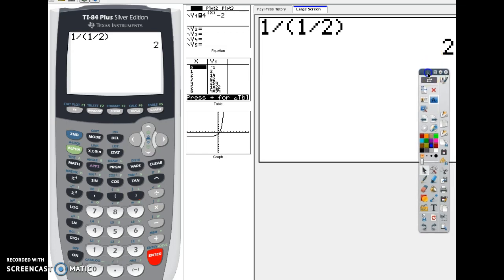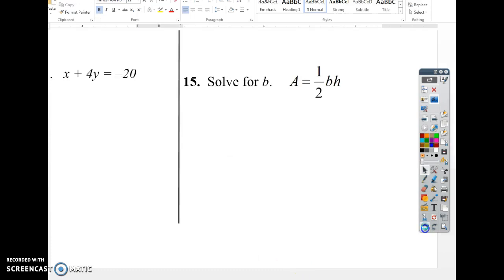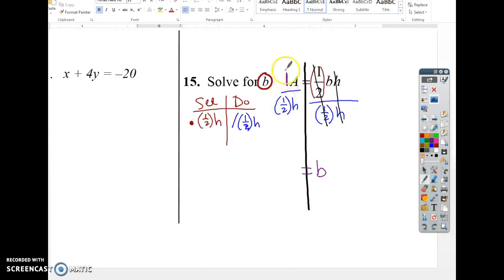So your answer is going to be 2 right here. So 1 divided by 1/2 is 2a over h. So the 2 goes with the a divided by h. And that is your answer. And I need you to do problem number 5 again if you didn't do it like that.